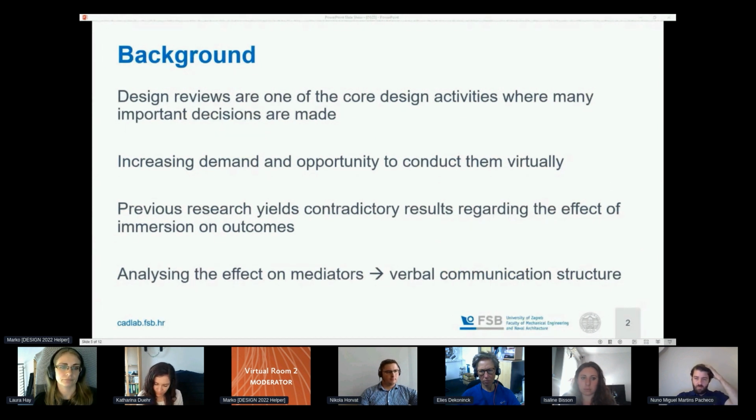One such mediator is verbal communication structure, a concept which shows who is talking when and what are the common communication sequences. This concept can show patterns in subtle information, identify session leaders, and provide useful information about review sessions.